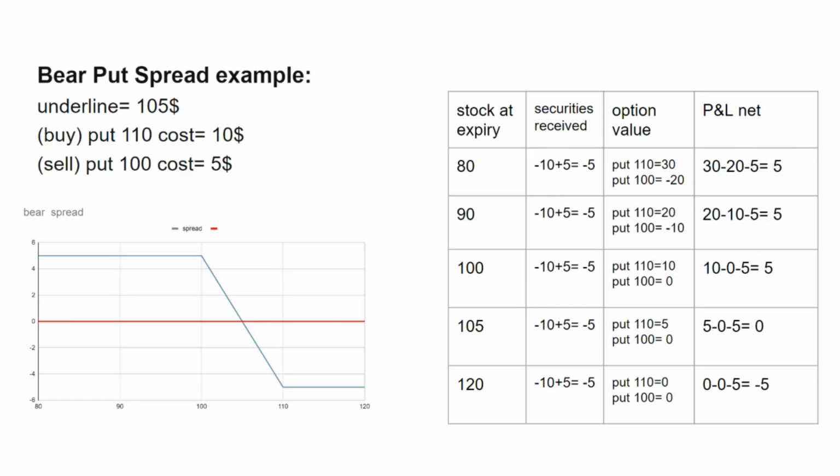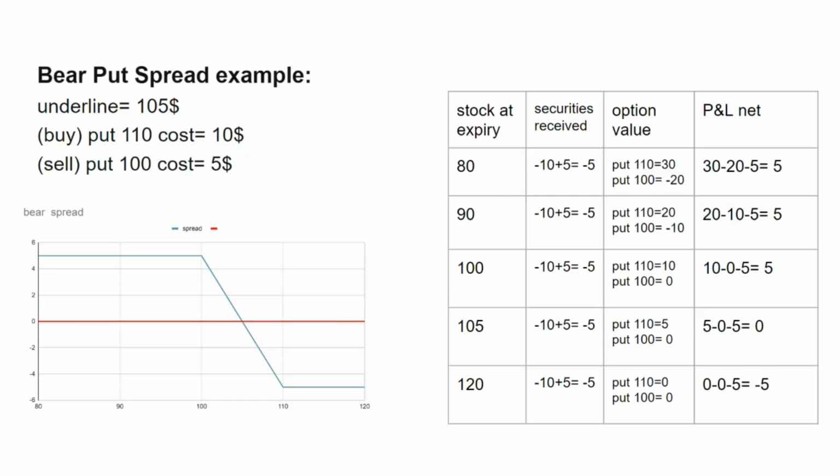So if the expiration was at 80, put 110 is worth $30, but put 100 is going to cost us 20, because it's in the money, and it's worth minus 20 for us. So all in all, the P&L, profit and loss, net value is going to be 30 from the put 110 that we got at the expiration.